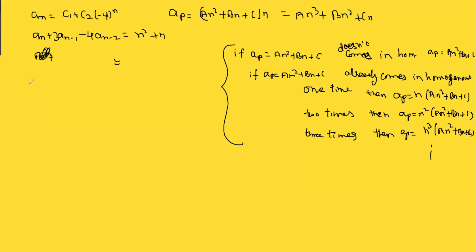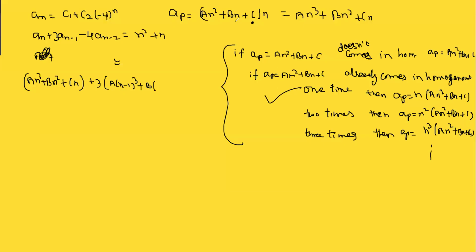Then an will be... 1 time means what? If only c comes.